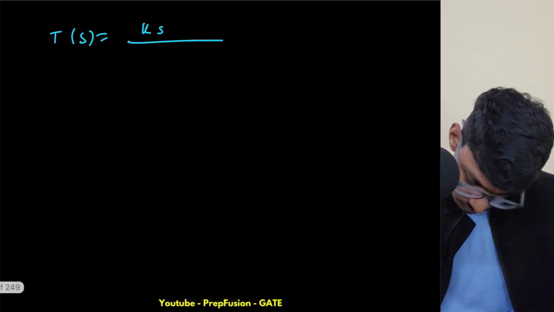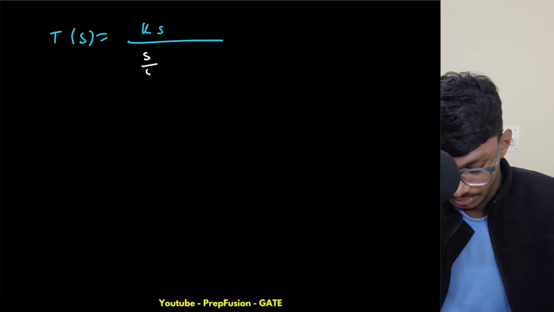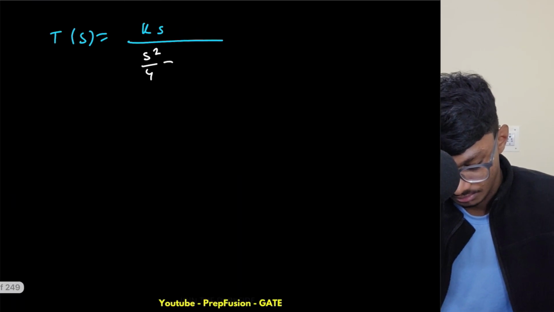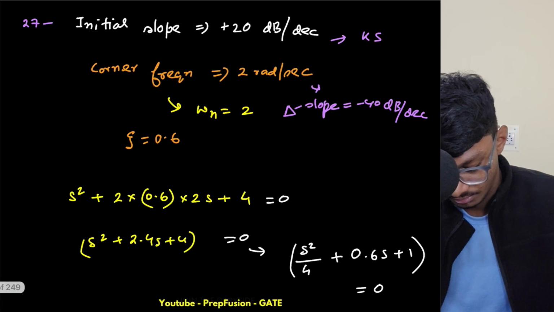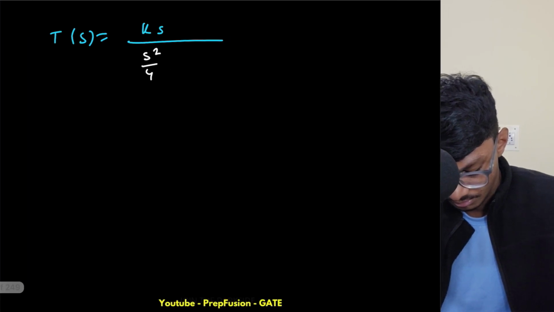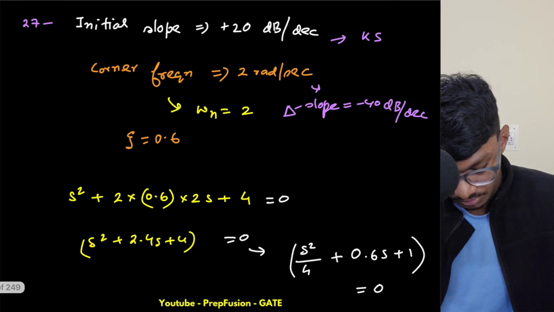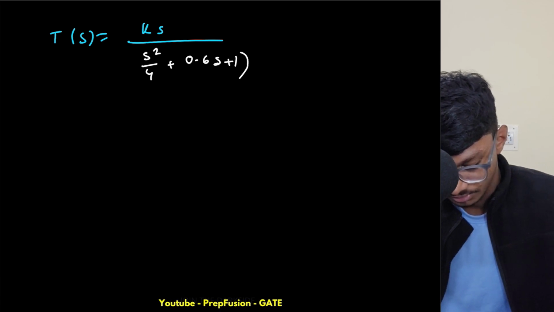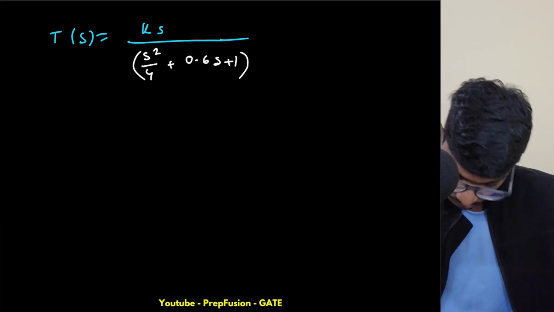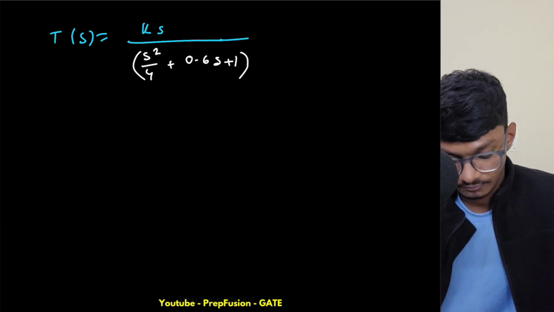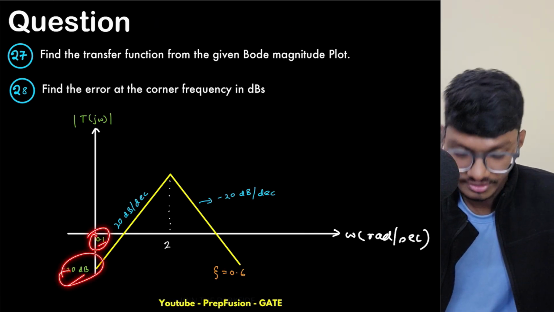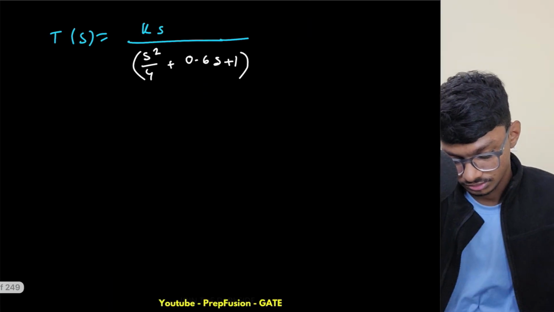Now, what is the value of k over here? You can understand the value of k from here, right? 0.1, they have given me the gain.